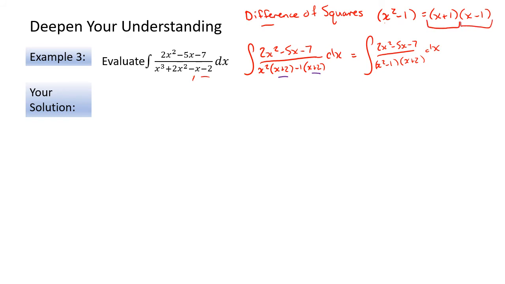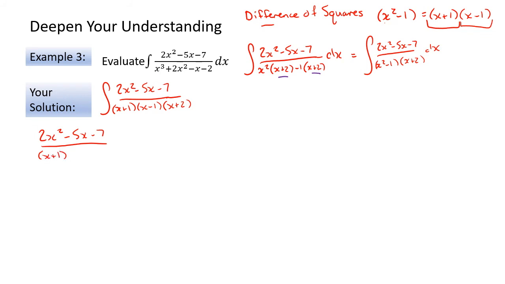So what we're left with, fully factored, is the integral of 2x squared minus 5x minus 7 divided by x plus 1, x minus 1, and x plus 2. So the method of solving this is still the same as what we did in the past. So we set that equal: 2x squared minus 5x minus 7 divided by x plus 1, x minus 1, and x plus 2.